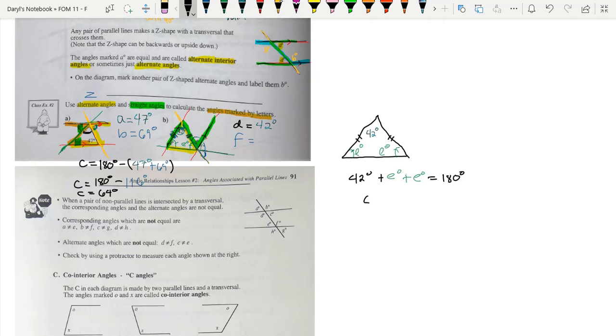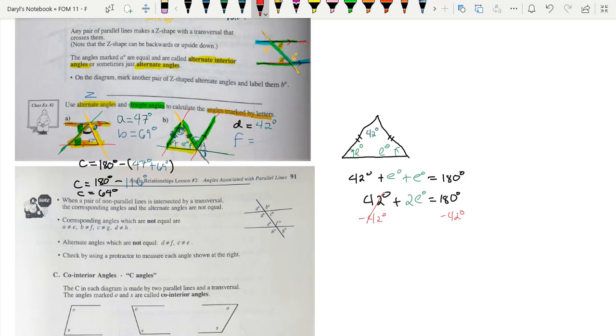Or if you simplify this, this is just 42 degrees plus 2E equals 180 degrees. If I'm going to solve for angle E, I'm going to subtract both sides by 42 degrees.